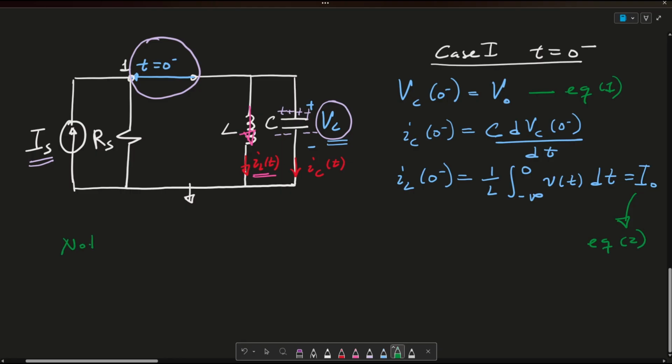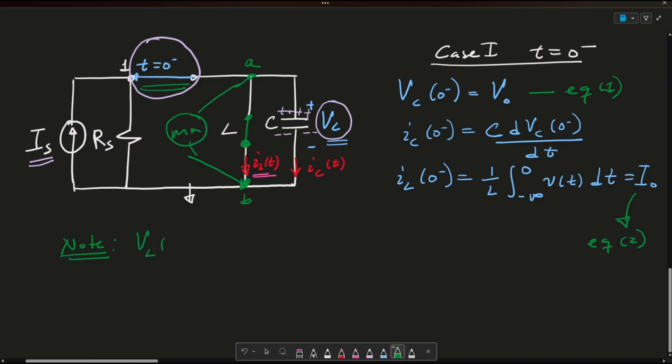Something I want to note is that in the case where the switch has been closed for a long period of time, this inductor will actually be a short circuit. So this here will turn into a short circuit. And as you can imagine, the voltage from here A to here B, if we put a multimeter here, will be 0.